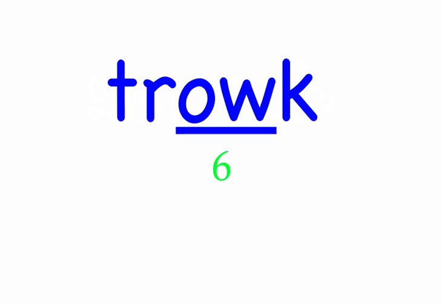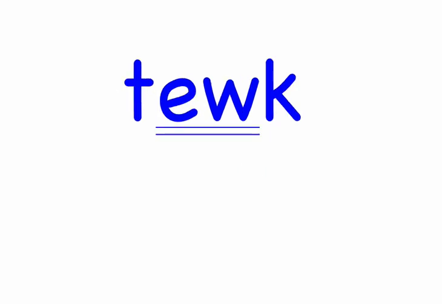Trouk. Shrowel. Now here EW is going to represent its second sound as a vowel group 6. Took. Remember, the first sound for EW is U and the second sound is U, took.